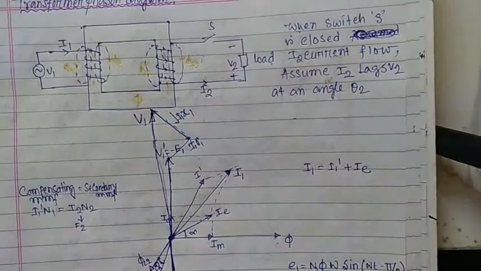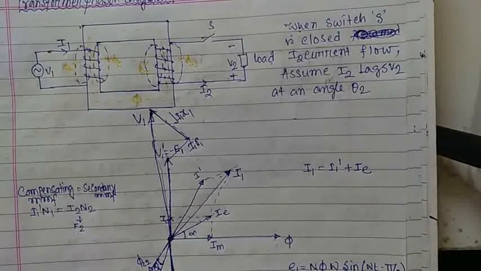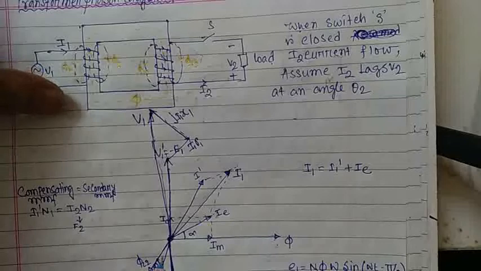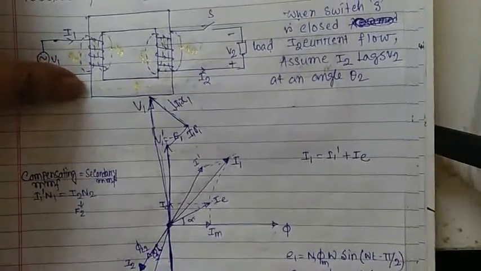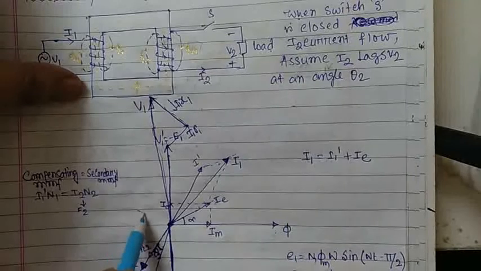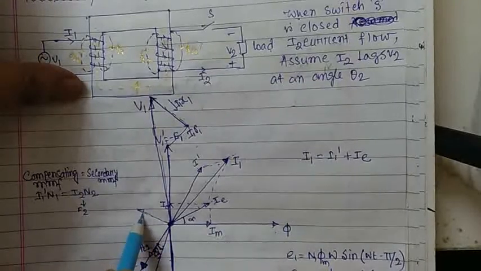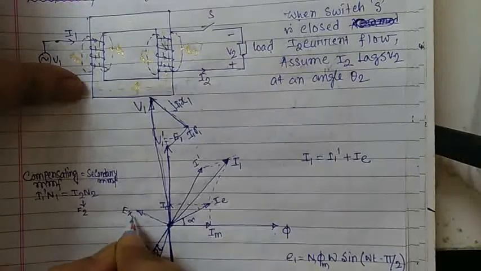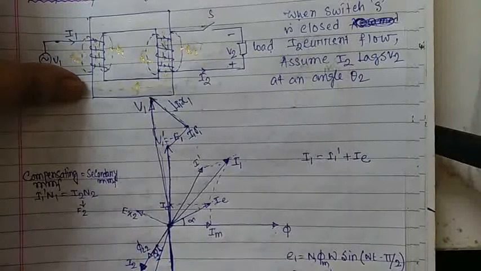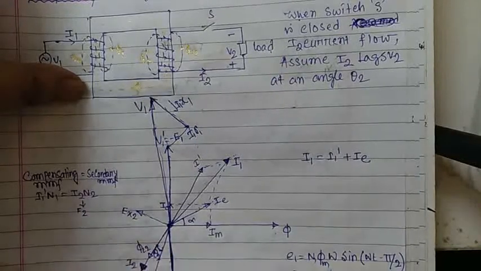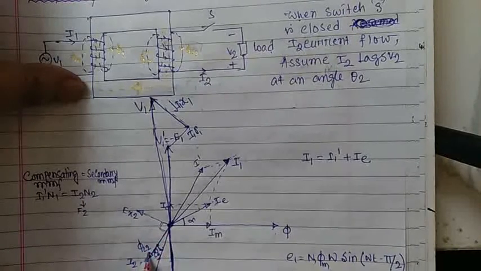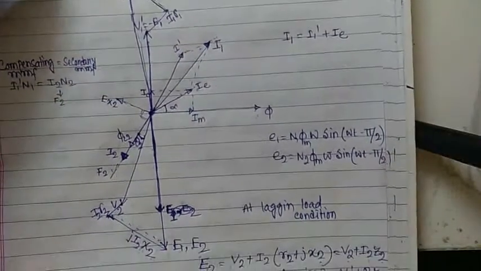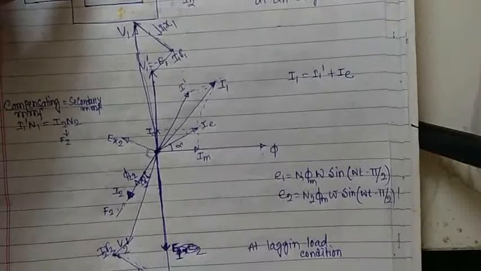This leakage flux creates a secondary induced leakage voltage drop, EX2, due to the leakage flux, that is 90 degrees apart from phi L2. So this is the total phasor diagram of a transformer at lagging load condition.